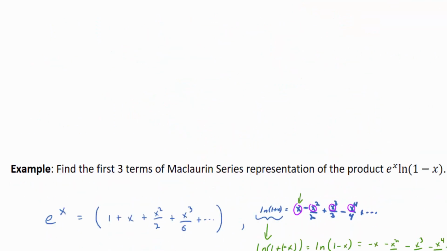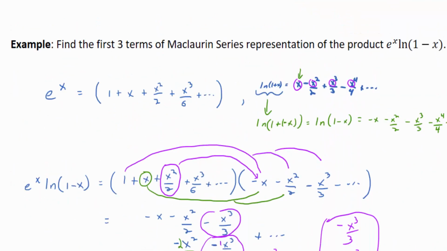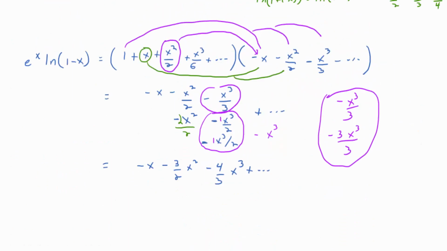This guy has a radius of convergence of 1, and if you multiply a function that's defined everywhere for its Taylor series times a function that's defined only on a certain interval, it's the smaller interval that wins. So I'll just mention that this doesn't work everywhere. Only R equals 1. Does that make sense to you?